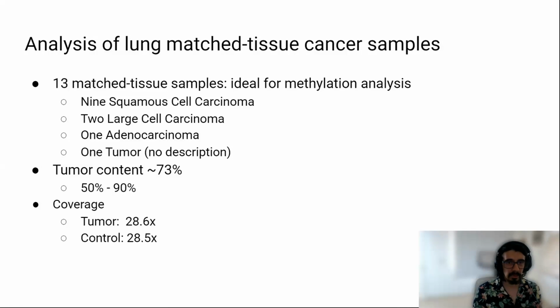This is ideal for methylation because each cell type has a different methylation pattern. If you have different cell types, for example if your control is blood, as is often the case, then you don't know if the methylation changes are due to the cancer or due to the cell type. But here, as we have matched tissues, we know the differences will be based on the cancer and not the tissues.